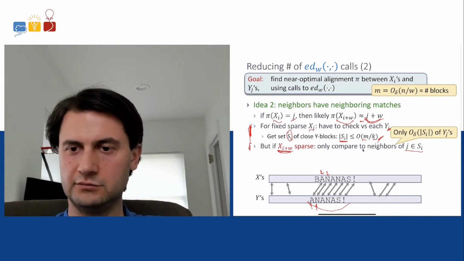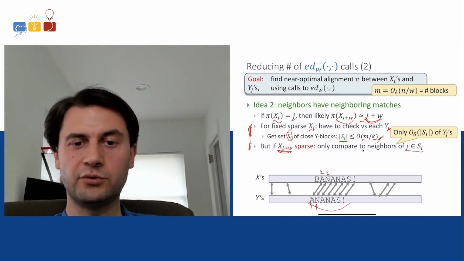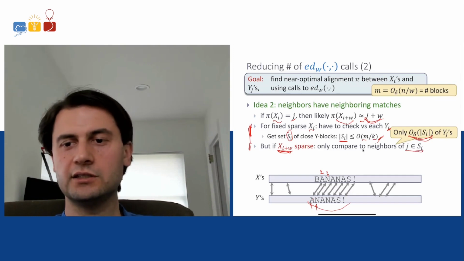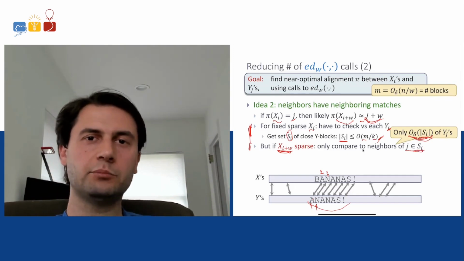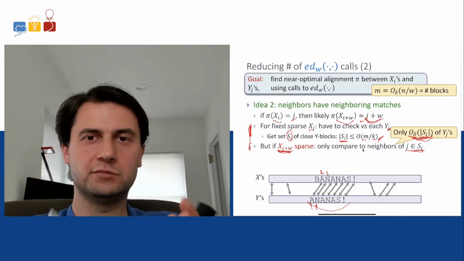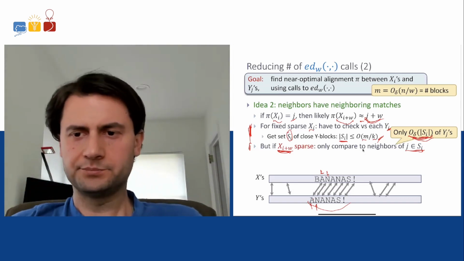Just to conclude, the point here is that for the neighbor, the number of comparisons that need to be done is only proportional to the number of neighbors of si, which will be of the order of the size of si. There is a delta dependence because the y blocks are a little bit overlapping, so one has to be careful what it means to define neighbors, but that's basically it.